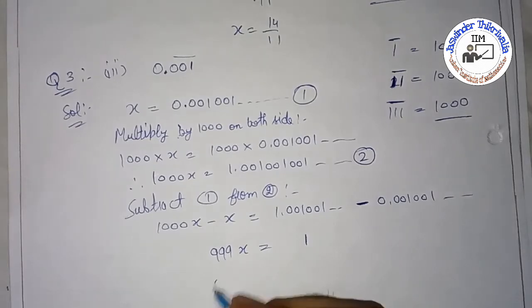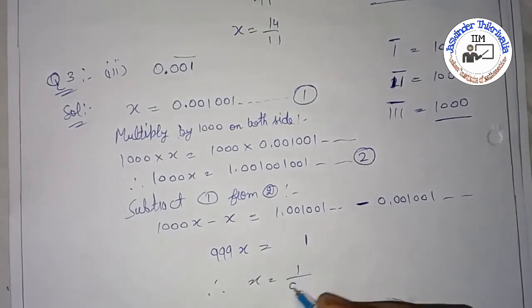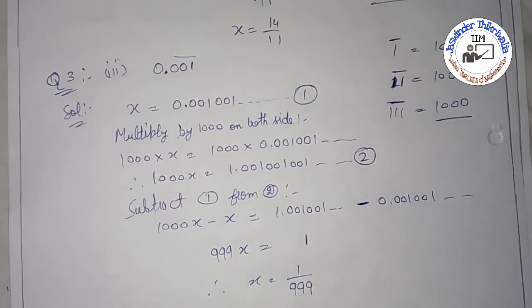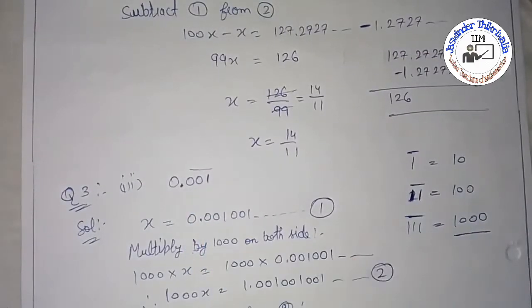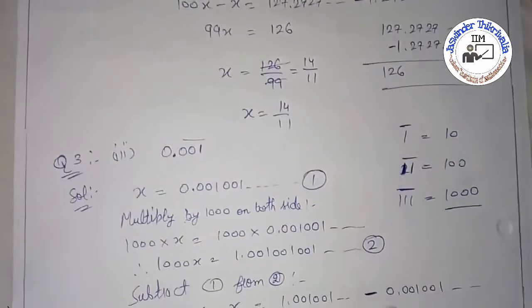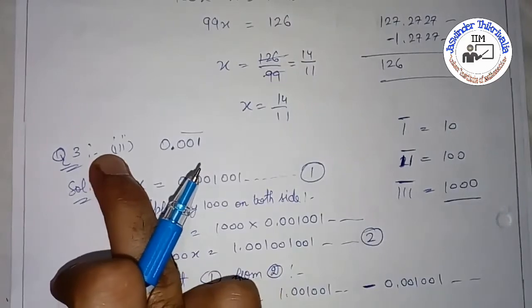So what is the value of x? x is equal to 1 upon 999. So this is the p by q form of 0.001001. So it was our question number 3, third part.